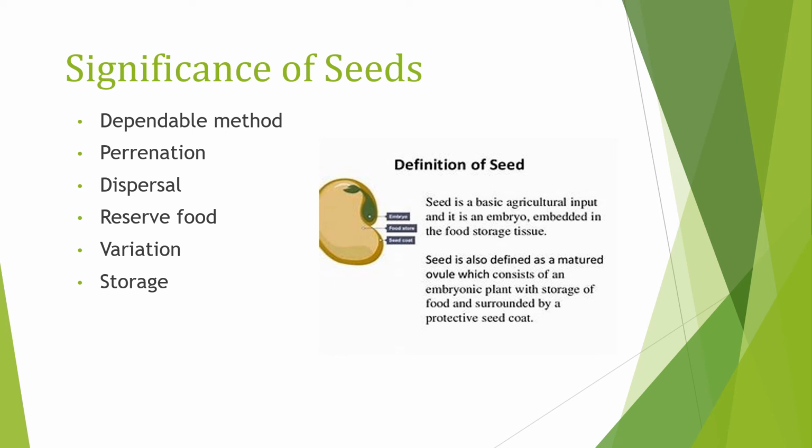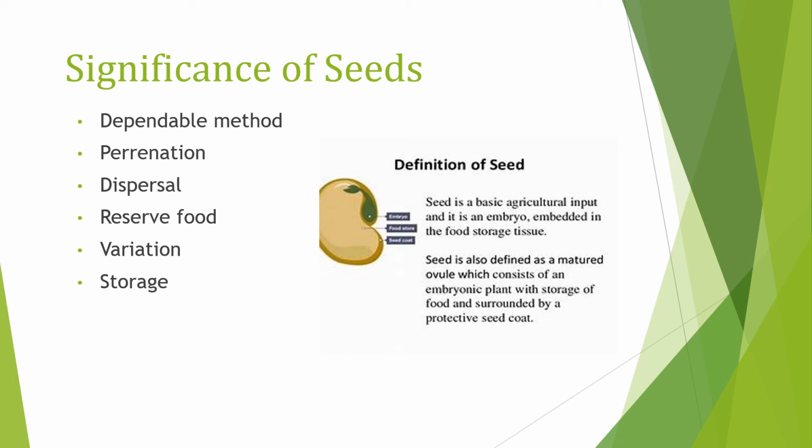Now children, we can define the seeds as a basic agricultural input and it is an embryo embedded in the food storage tissue. Seed can also be defined as a matured ovule which consists of an embryonic plant with storage of food and surrounded by a protective seed coat. I hope children you must have understood the chapter Pollination and Fertilization.